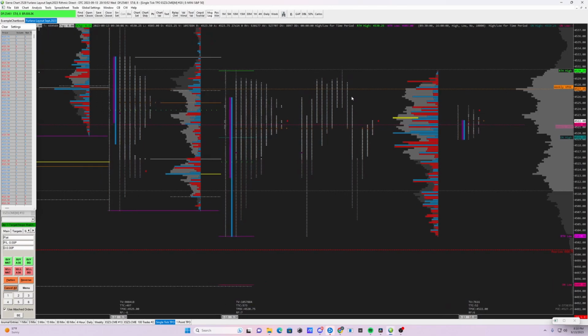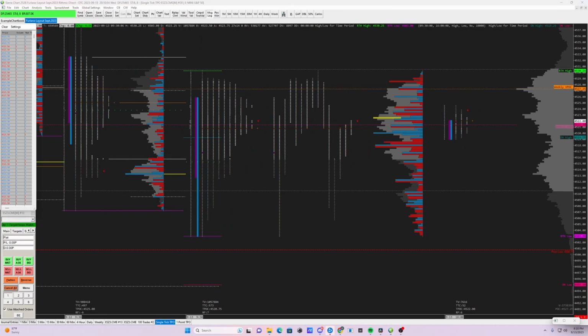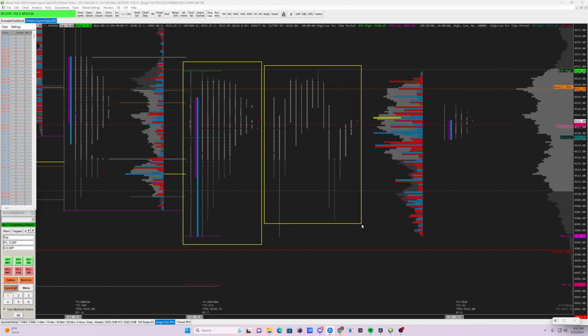Now I want to give you an intraday example today. So to keep this simple, this right here is a TPO chart or a profile of today's action. It's just all squished together into one profile. Beside it, we have a TPO profile that's broken down into each individual letter period, A, B, C, so on and so forth.